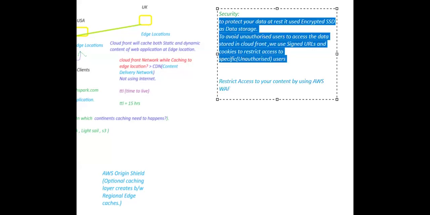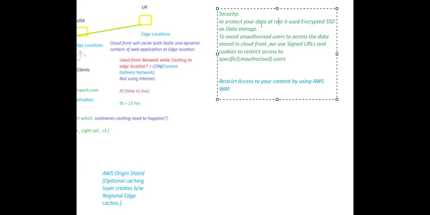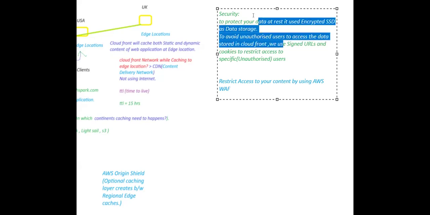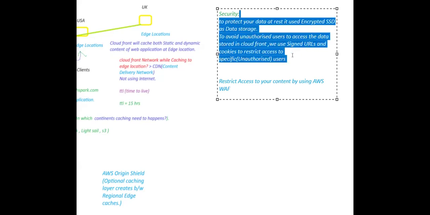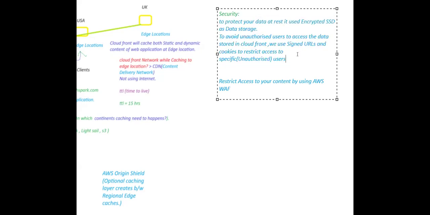So these are the ways you can secure your content or data. Now you can even use geographic restrictions, which we have already covered in the previous video. You can also use geographic restrictions.